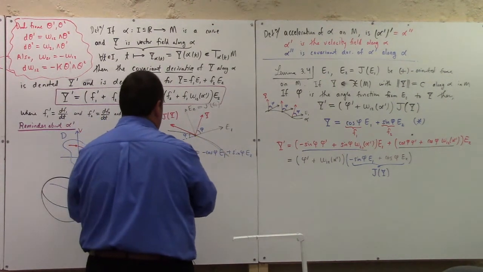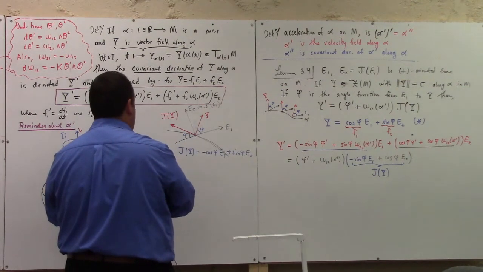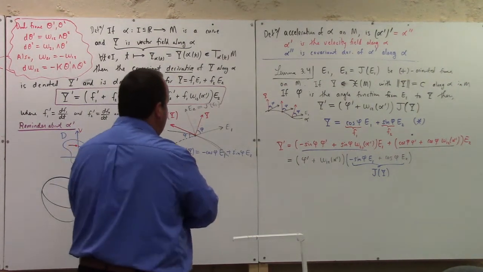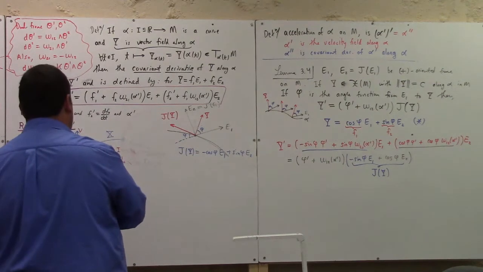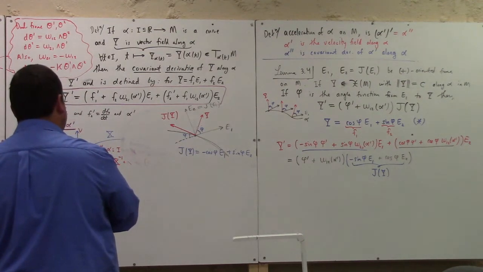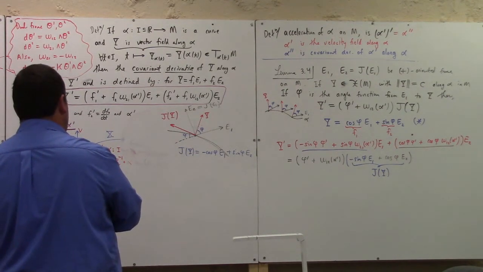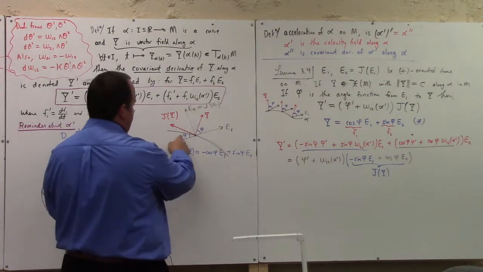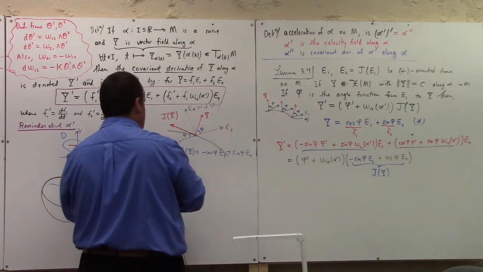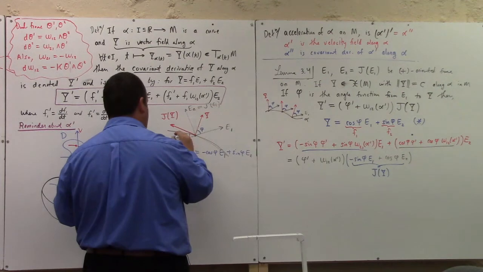Did you define J as a 90-degree rotation? Yeah, J is a 90-degree rotation. That's also going to be phi, and that angle is going to be 90. So this wouldn't be phi. This would be 90 minus phi, right? No, because those are both 90-degree angles.